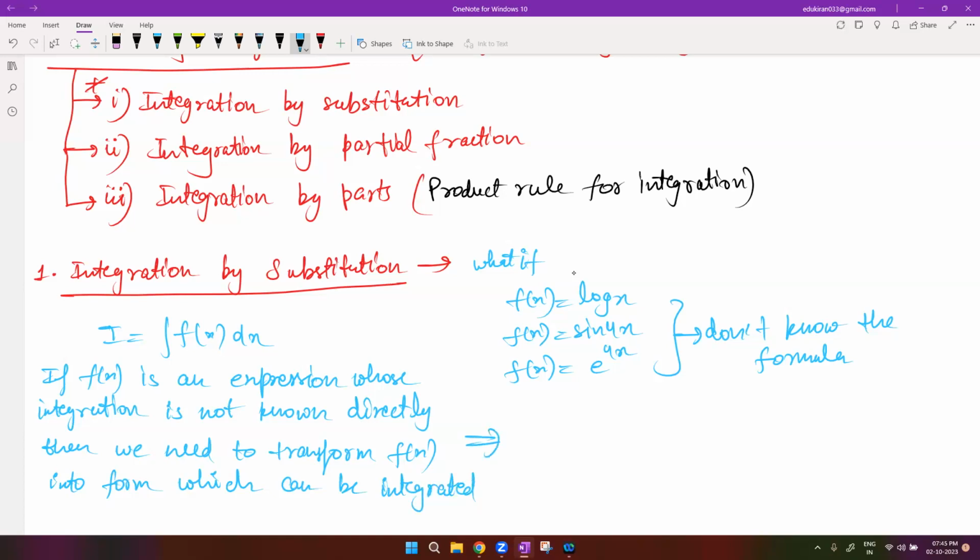And how do we do that? Use substitution.